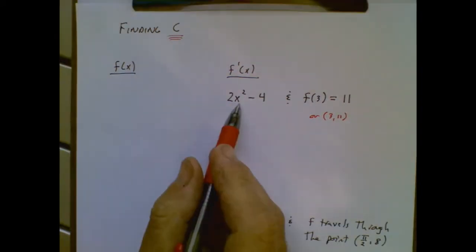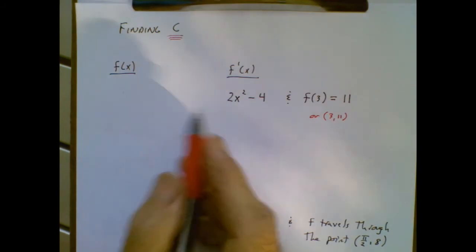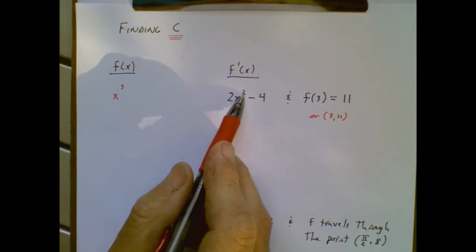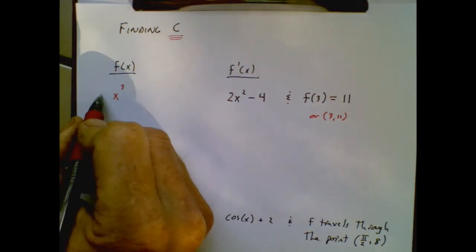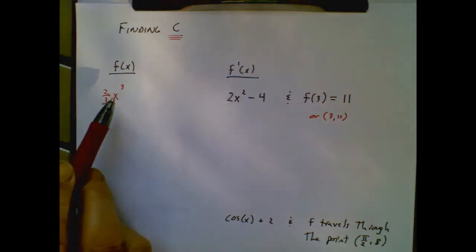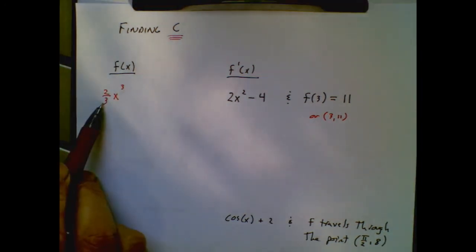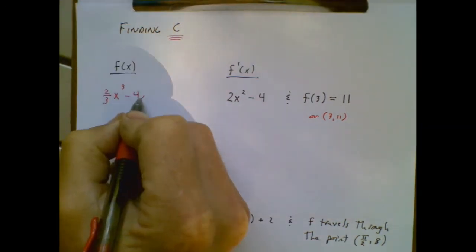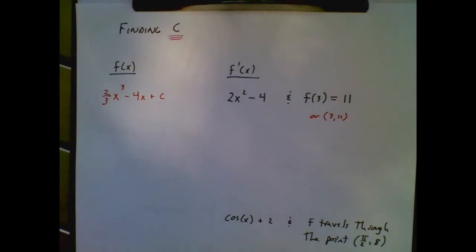And let's do the antiderivative first. I would need an x to the third power, and then I'd need a 2/3 there. 3 times 2/3 gives me 2x to the second, good, minus 4x plus c.